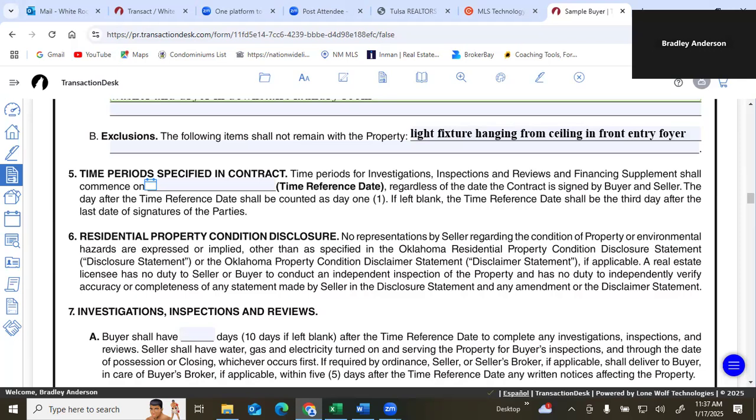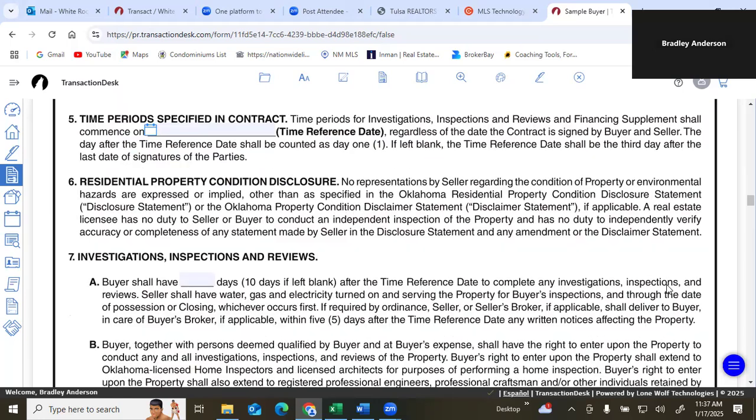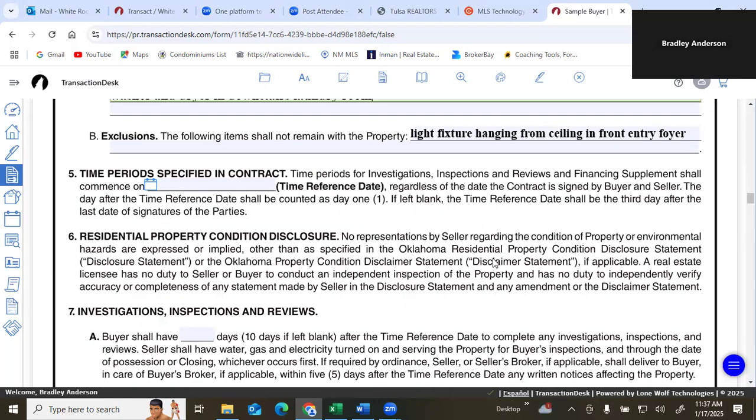So paragraph 5 is an important one. Time period specified in the contract. So anything that is time bound is going to be keyed off of this date. Time periods for investigations, inspections, and reviews and financing supplement shall commence on.